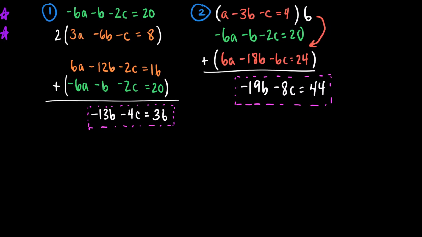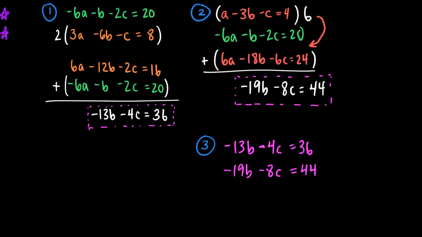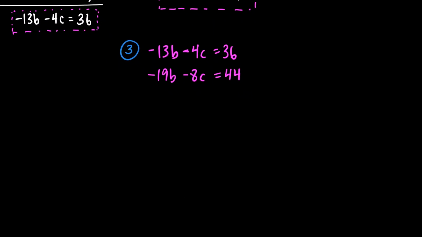So now for our next step, we're going to take these two equations, so negative 13B minus 4C equals 36, and negative 19B minus 8C equals 44, and we're going to solve those. So the question is, should we solve for B or C?